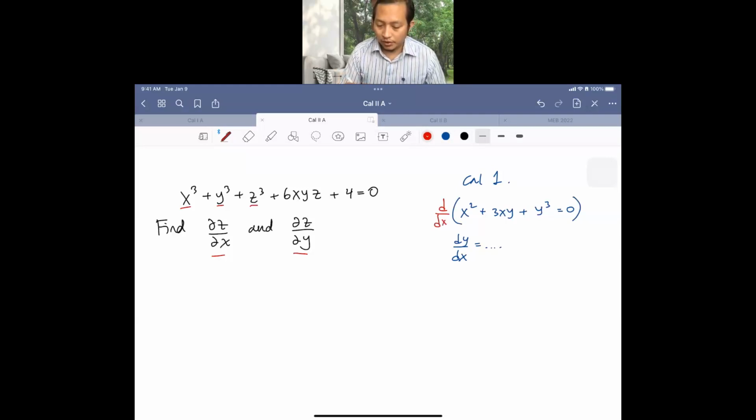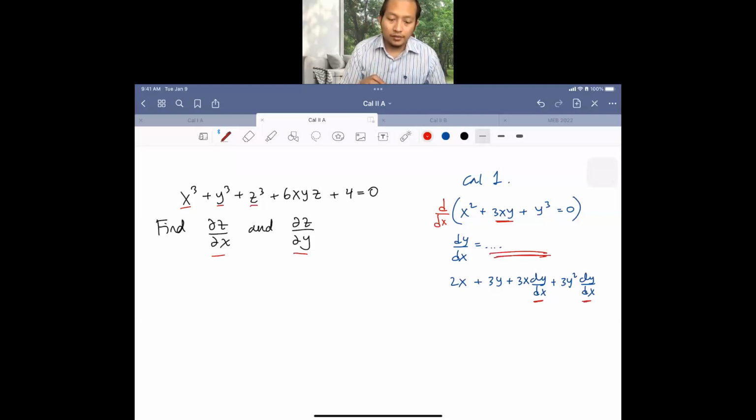So this will be 2x, treating it like an x, but we are treating y as a function of x. And this will have a product rule, so 3y plus 3x dy over dx, plus 3y squared dy over dx. By doing some groupings, you will get the dy over dx, right? And then you can write the answer.